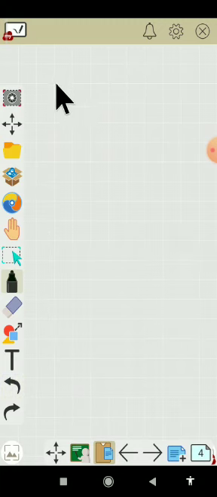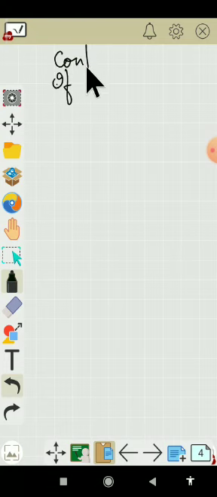Now another type of proportion we will learn, that is continued proportion.